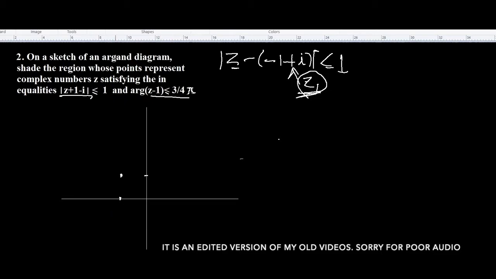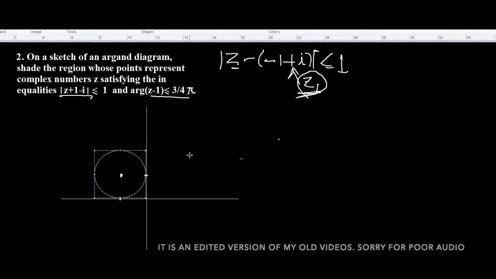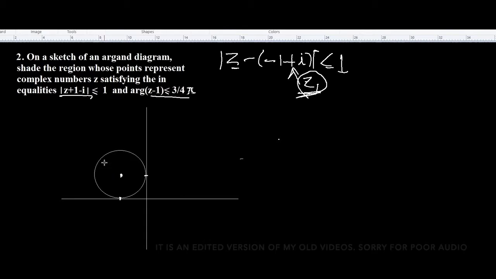So let me draw a circle with a radius 1. It will obviously touch both the axes. This is the circle that represents a radius equal to 1, and if I shade the inside of this particular circle, that becomes less than or equal to 1.